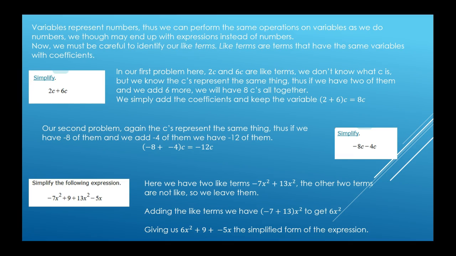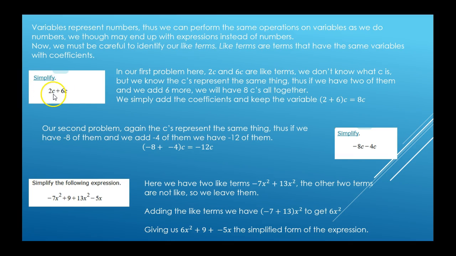Okay, so as we said, variables represent numbers. We can perform the same operations on variables that we can on numbers. Just the variables are unknown numbers, so we have to keep that in mind. So if we look at this expression, 2c plus 6c, we don't know what c is, but c is the same in each of these terms. So if we have 2 of these c's and then we add 6 more of these c's, together we have 8 c's.